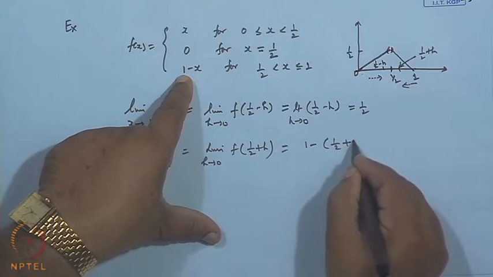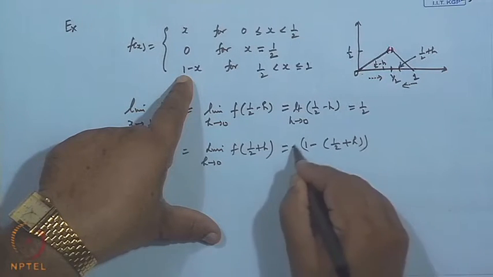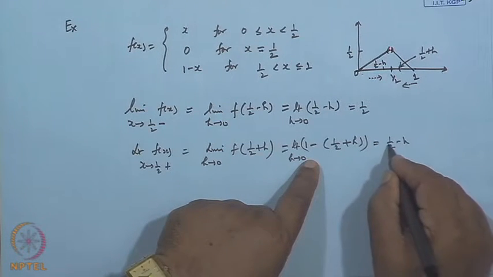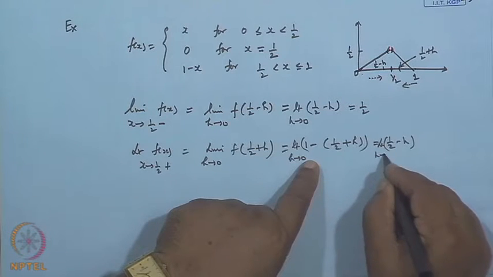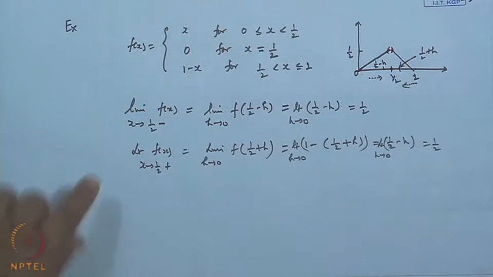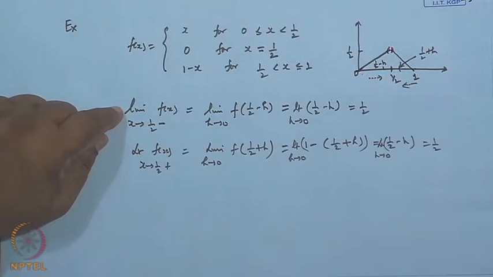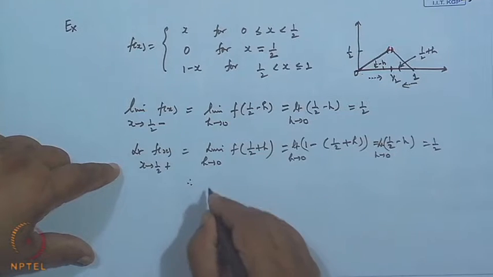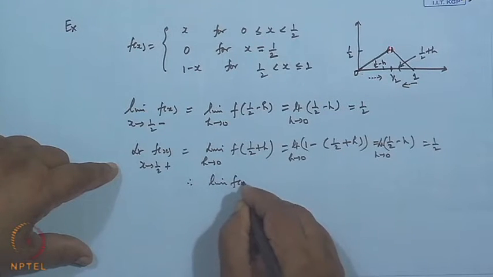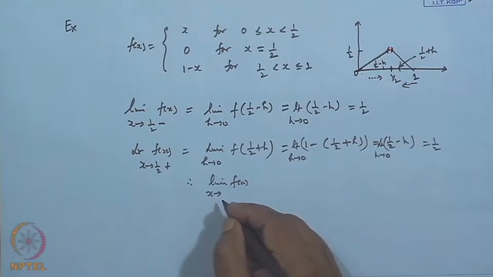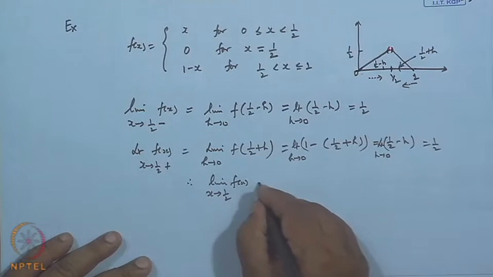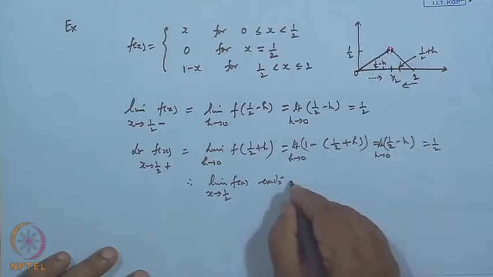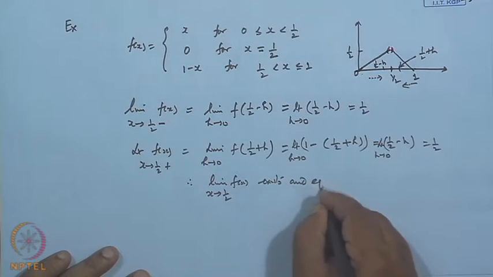So, 1 minus this, and then take the limit as h tends to 0. This comes out to be half minus h, and then h tends to 0 gives half. So, right hand limit and left hand limit are both the same, half. Therefore, the limit of this function when x tends to half exists and is equal to half.